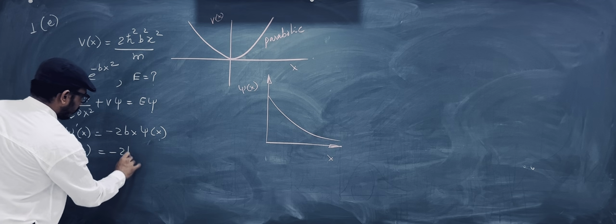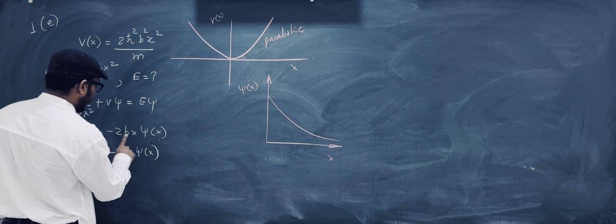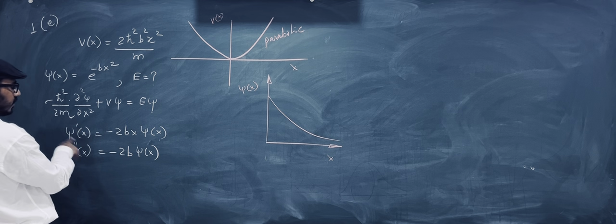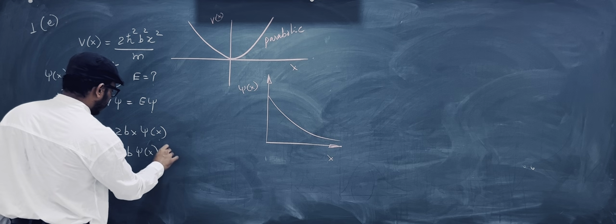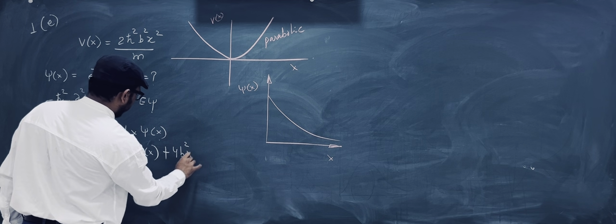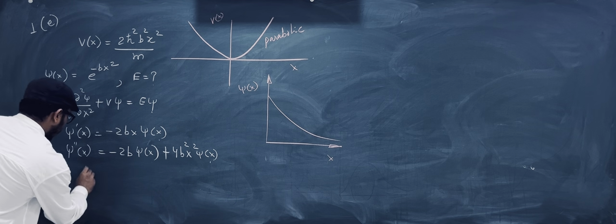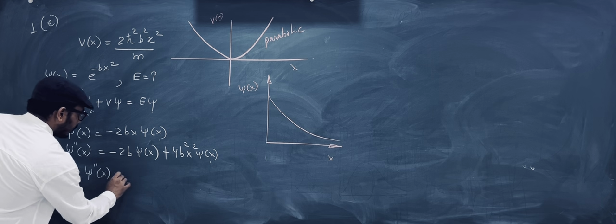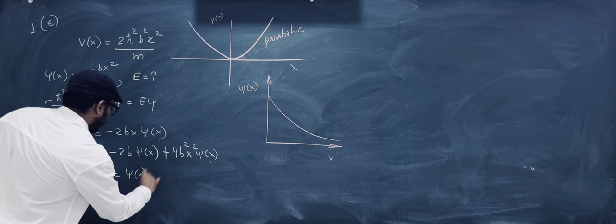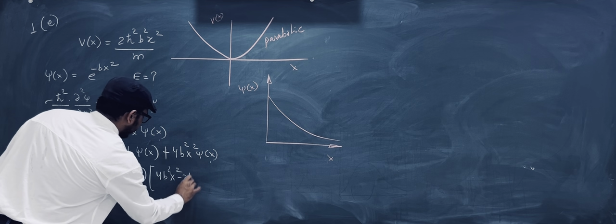It's minus 2b psi of x, and then minus 2bx psi dash x. So psi dash is this, so this will be multiplied with it, so this will become plus 4b² x² psi of x. So psi double dash x can be written as psi of x times 4b² x² minus 2b.